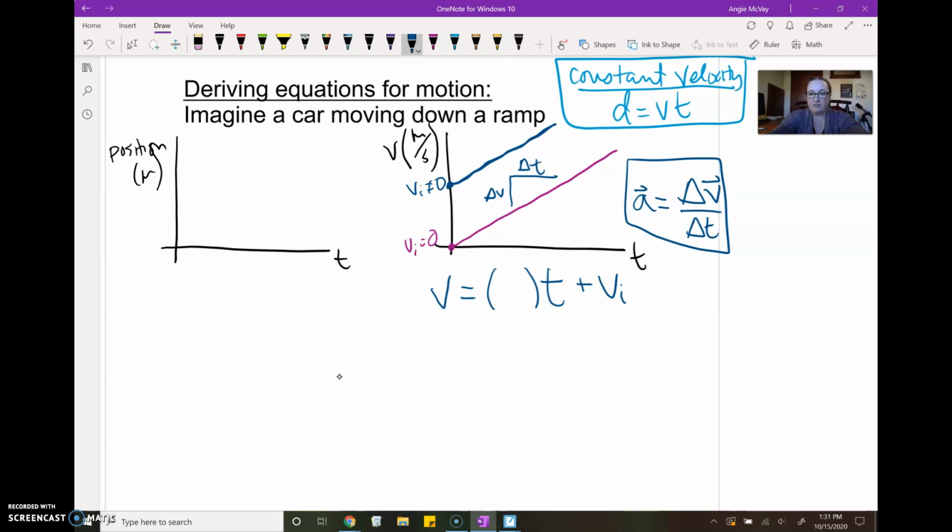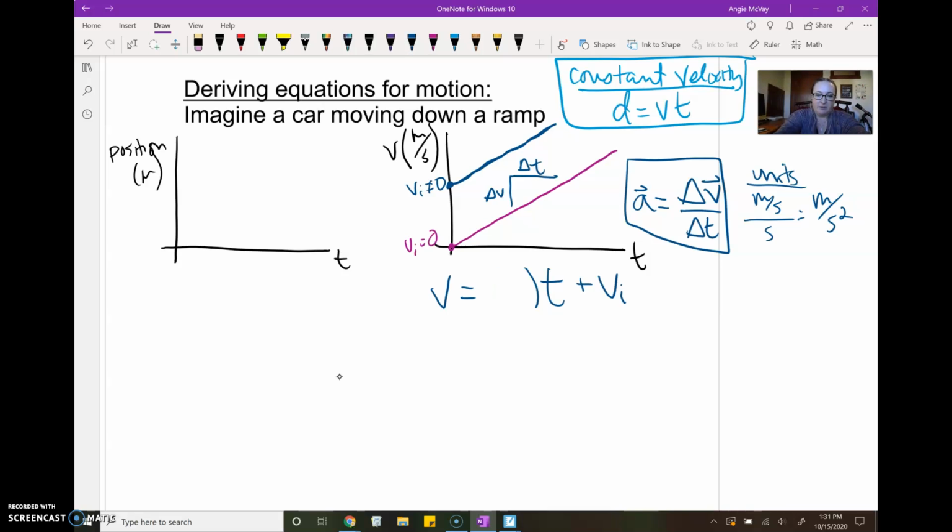What units are acceleration in? Well, velocity is in meters per second. Time is in seconds, right? So the number of meters per second that an object is speeding up or slowing down for every second it's moving, this is oftentimes abbreviated as meters per second squared.